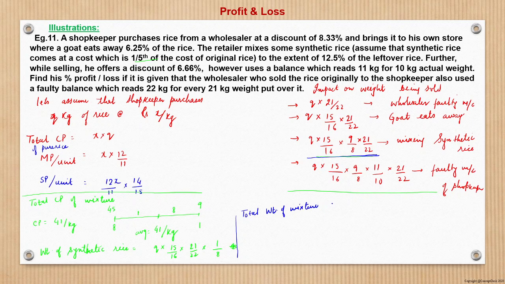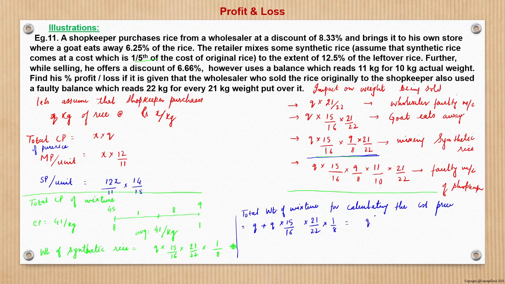Total weight of mixture for calculating the cost price, that is q plus q into 15 by 16 into 21 by 22 into 1 by 8.